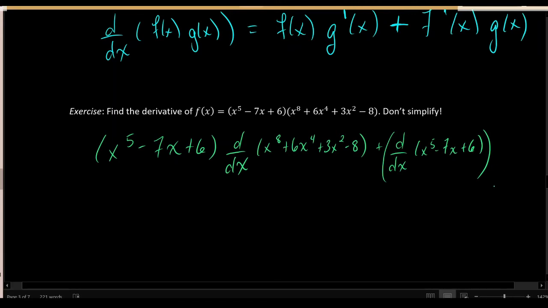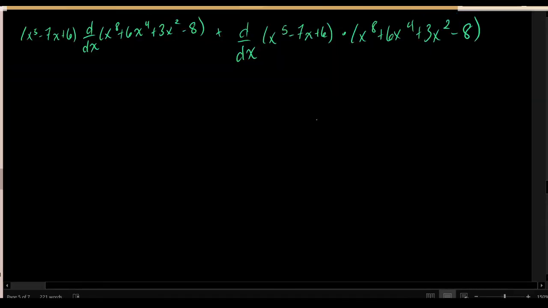Oh boy, it's getting squeezed here. Hold on. To finish this problem, let's calculate the derivatives that exist here. Let's calculate, for example, the derivative of the second factor, x to the 8th power plus 6x to the 4th power, etc. So we have x to the 5th power minus 7x plus 6, which is unchanged.